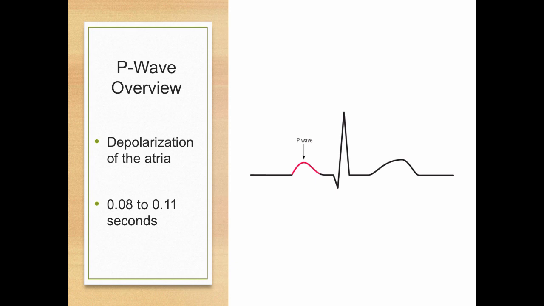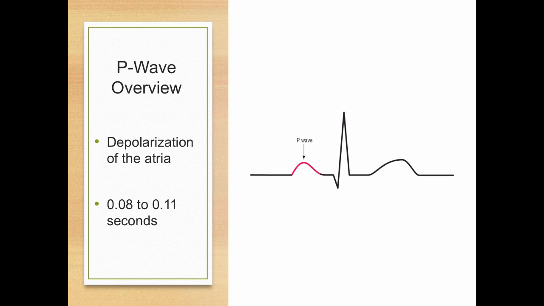We're going to be focusing on the P wave. So with ventricular hypertrophy, we focused on the QRS complex because that's ventricular depolarization, so funky stuff's going to happen there. With atrial enlargements, we're going to focus on the P wave because that's atrial depolarization, and that's where our funky stuff is going to show up.